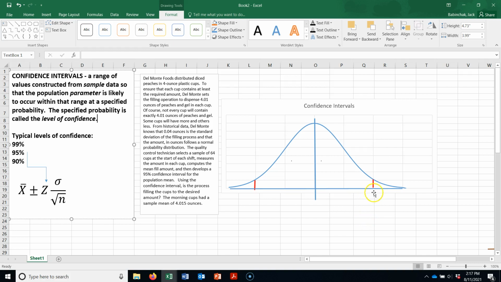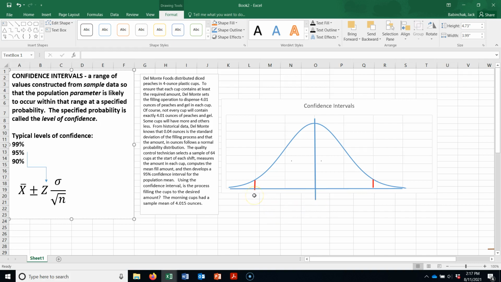Okay, so let's pretend this is our interval. The two red lines represent our intervals, and we want to be 95% sure that the numbers that are here and here contain our population mean, okay?